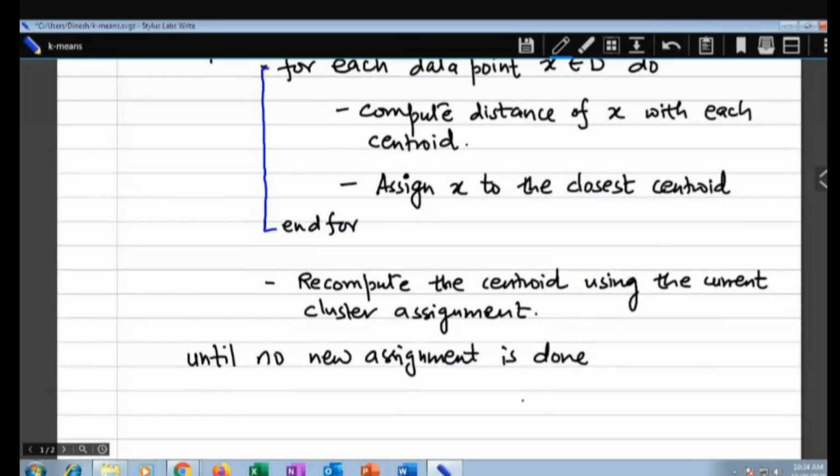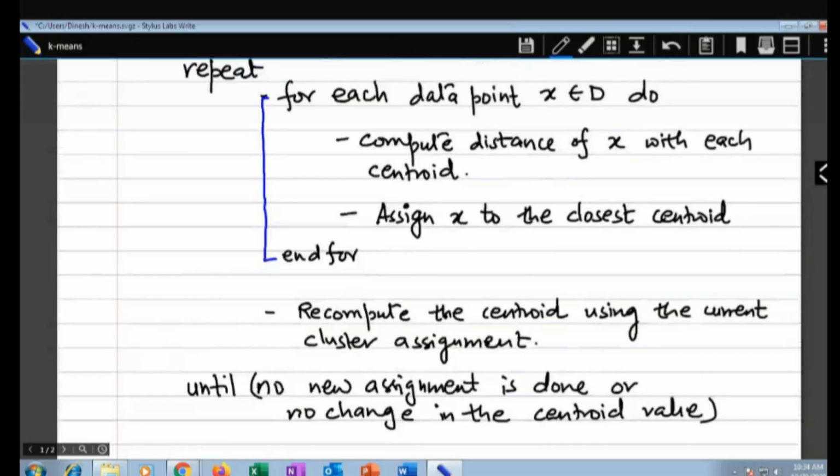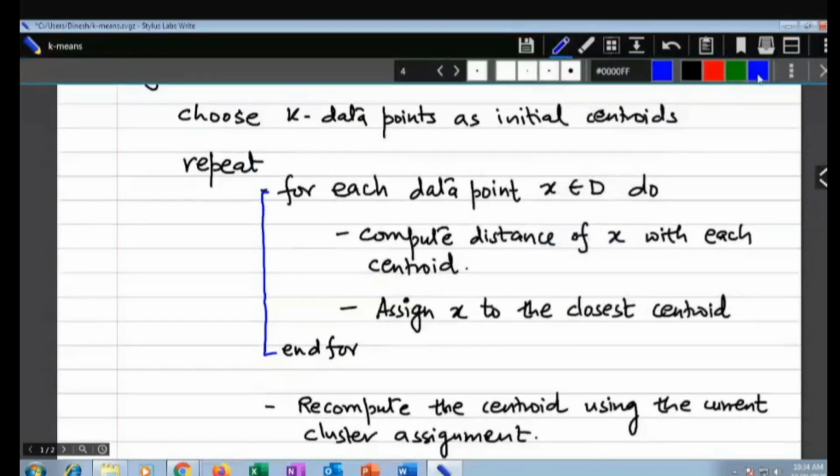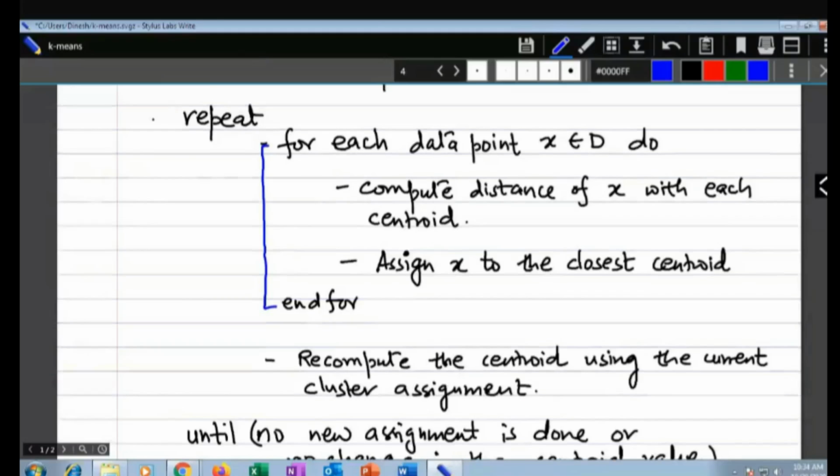If the number of data points is larger, you can also limit the number of iterations and then break out. So until no new assignment is done, or no change in the centroid value. These are one and the same. Ultimately this is your other loop. I'll mark this as one loop and this as another.